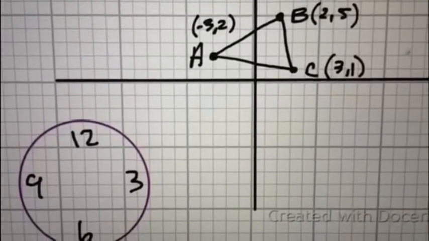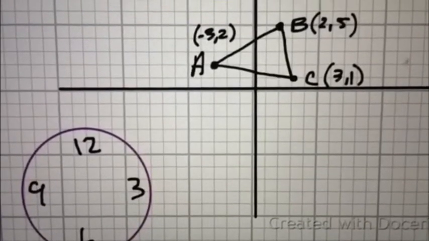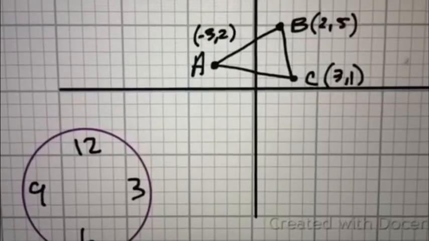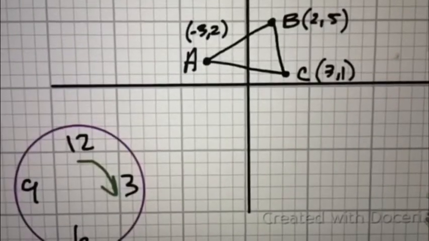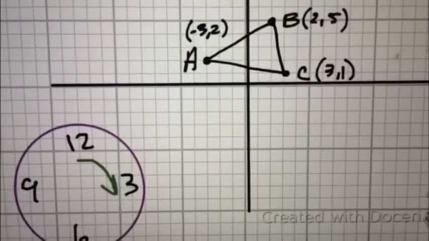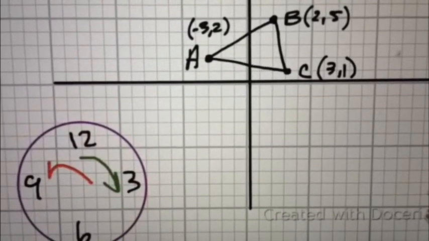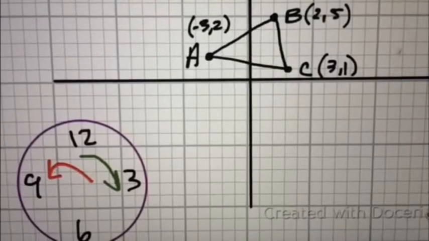Okay. So if you're thinking of a clock, to go clockwise, you go this way, like the second hand. But if you go the opposite direction, it's what we call counterclockwise. So I'll go ahead and write it in green here.